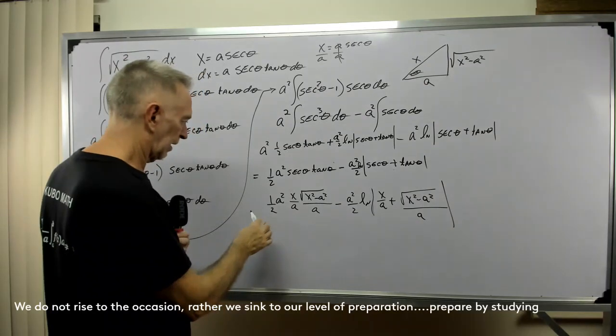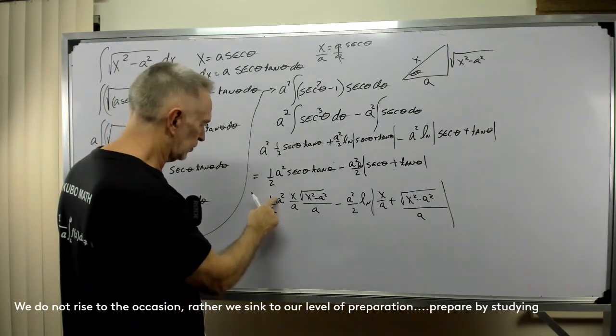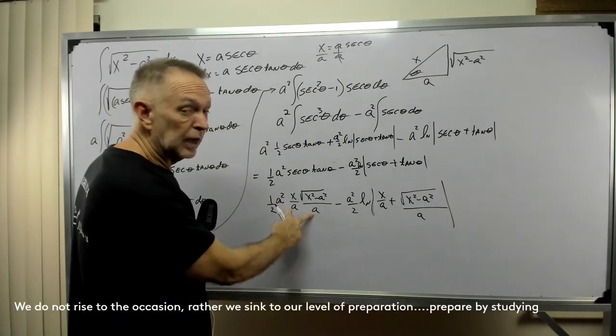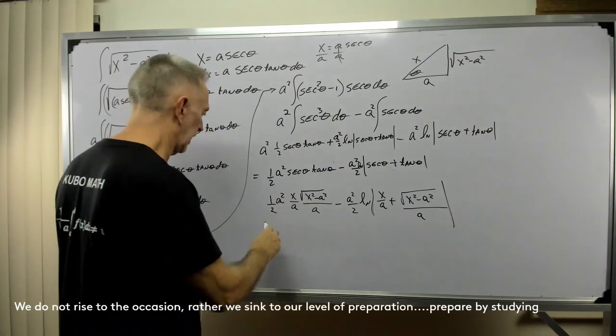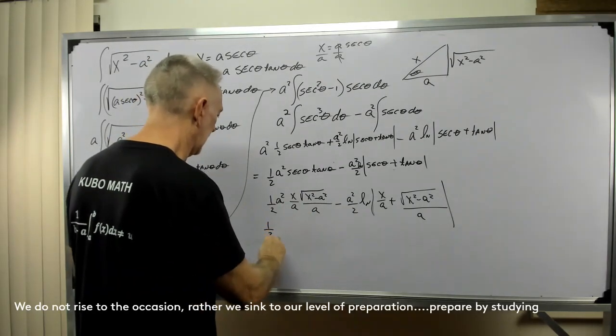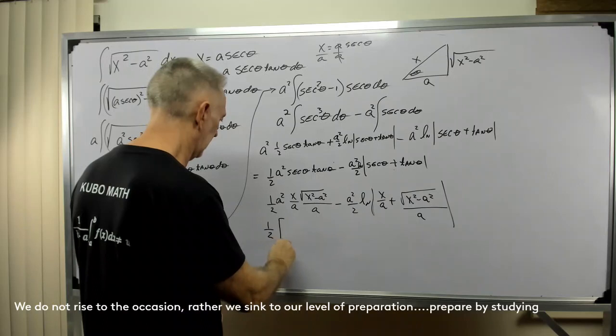Okay, so I can clean that up a little bit. I've got an a squared here. A times a is a squared. That one will cancel. And now I am going to pull the 1/2 out.